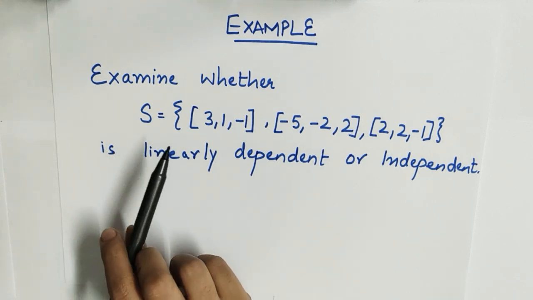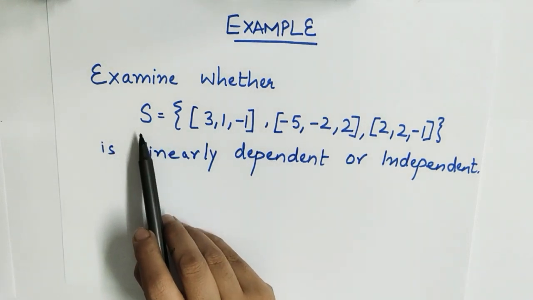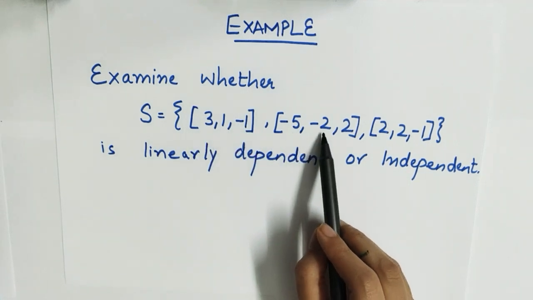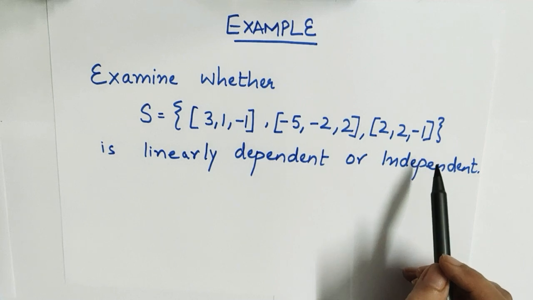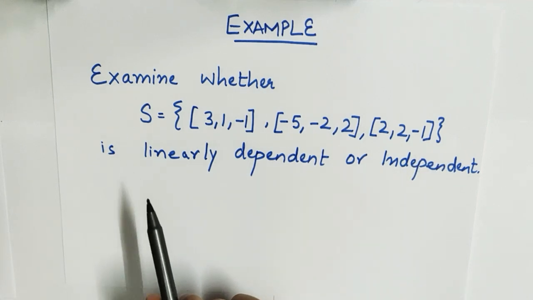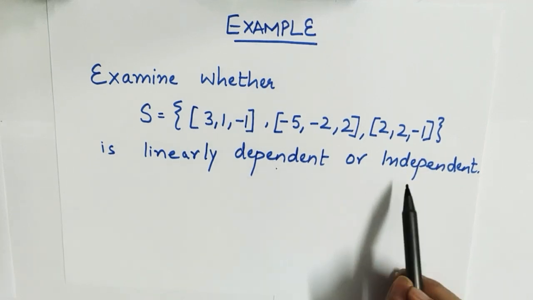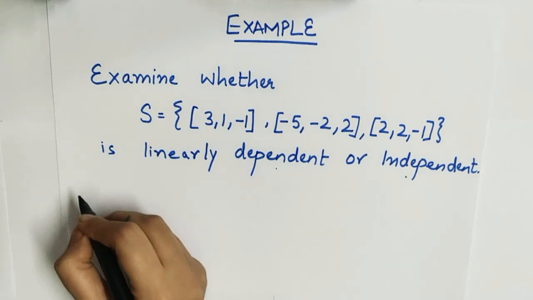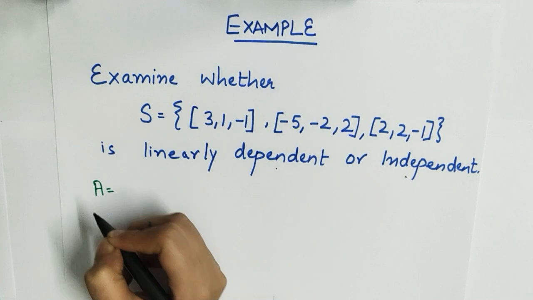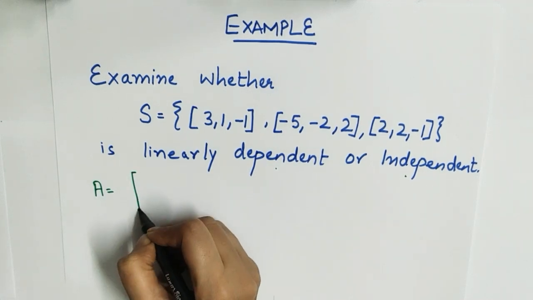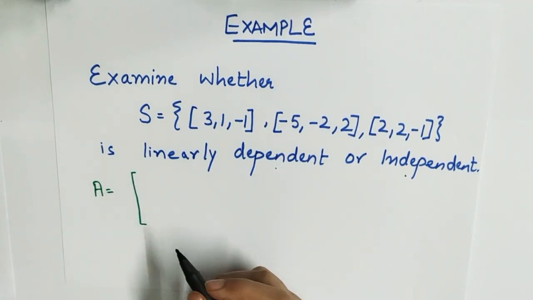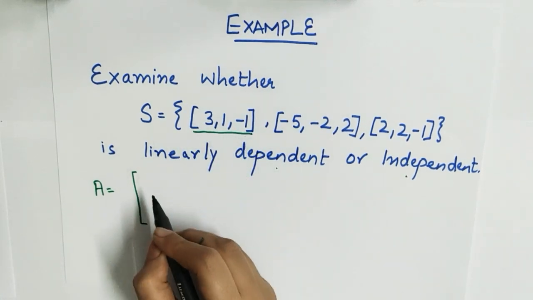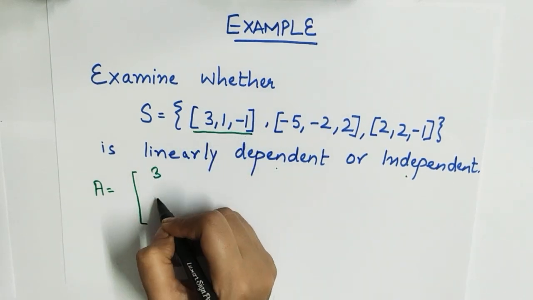Now here I have taken my set S to be (3, 1, -1), (-5, -2, 2), (2, 2, -1). I need to find out whether S is linearly dependent or independent. As I said, we'll first construct our matrix A. A matrix A is constructed whose columns are vectors of S. The first vector is (3, 1, -1), so that is my first column.